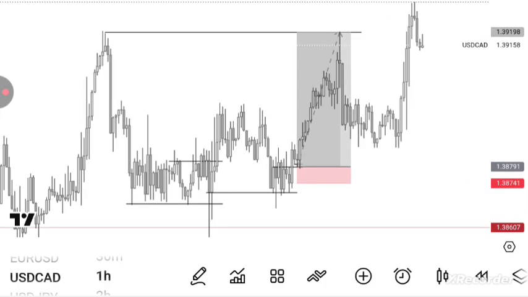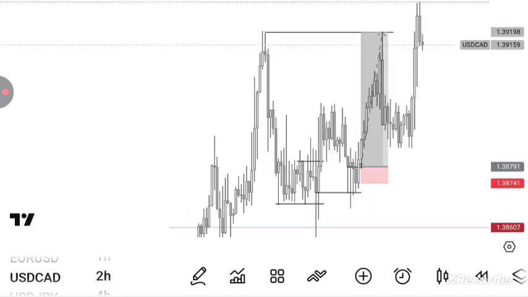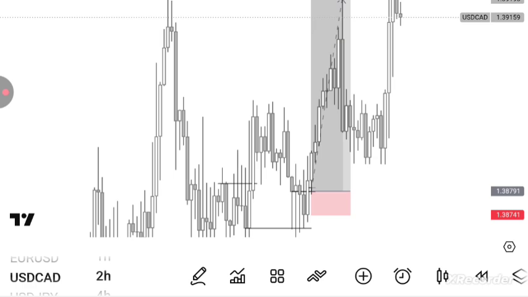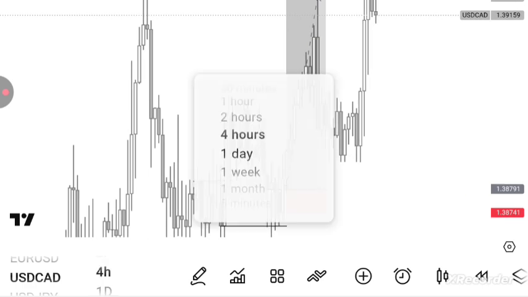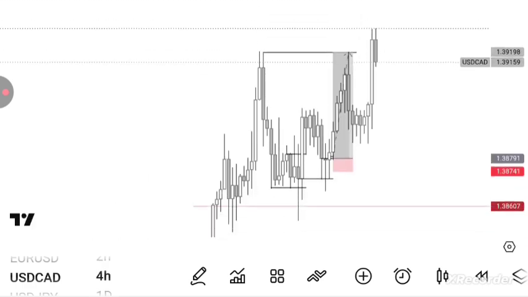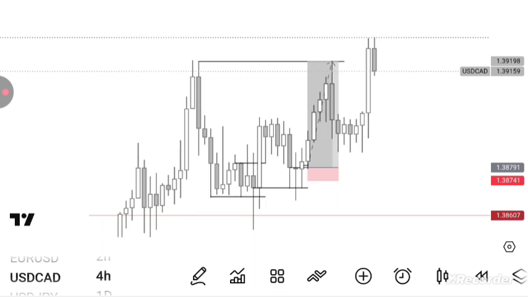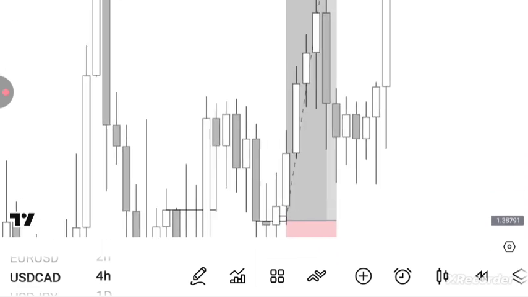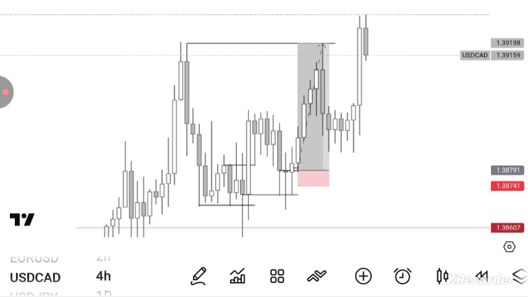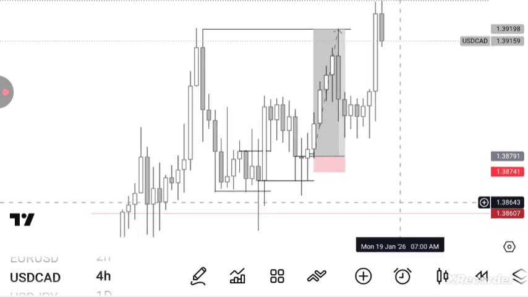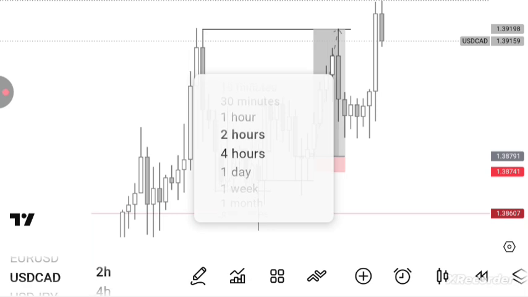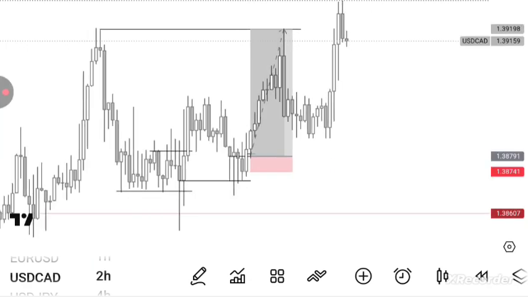The second entry USDCAD presented, you could also follow up. Then you could see many more entries from the lower time frame, but I don't want to fill your head with so many things, right? So what do we see after price rejected from this particular key level here, which is a 4 hours key level, also a 2 hours key level?